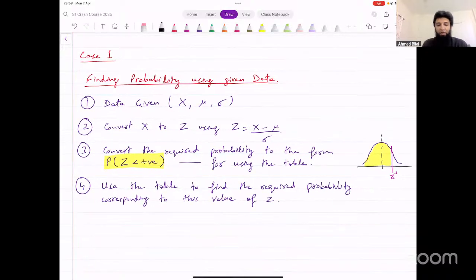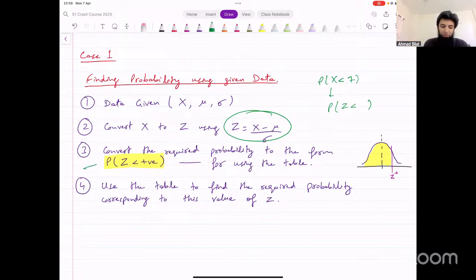In this case, you would have X given, mean given, standard deviation given. And what you would have to do is first convert X to Z using the formula. If it's probability of X less than something, X less than 7, for instance, you convert it to Z, Z less than some value, and then you use the table to find that probability by first converting it to the standard form. Then you find the probability from the table. That was the first thing that we did.